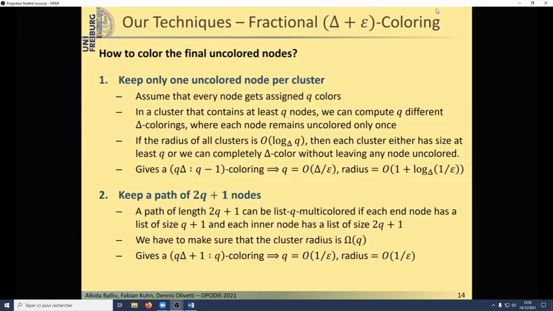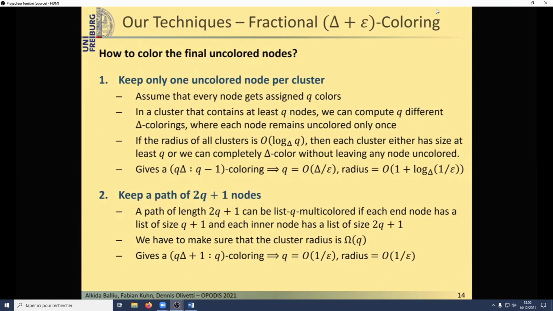Either your graph expands, or you have some short even cycle or something slightly more general, which you can basically color at the very end. So in this case, with a cluster radius of log Q base delta, we can basically get a Q times delta Q minus one multicoloring. And so this gives the first result that I mentioned to you.